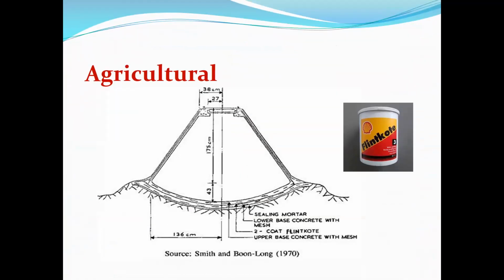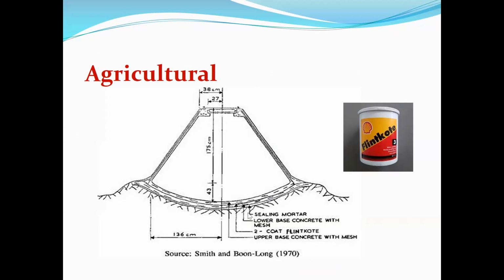Then agricultural, suppose this is a water storage from where water will be used for irrigation purpose. If you look carefully at this slide, you can see the lower base concrete with mesh, and the upper base concrete with mesh.